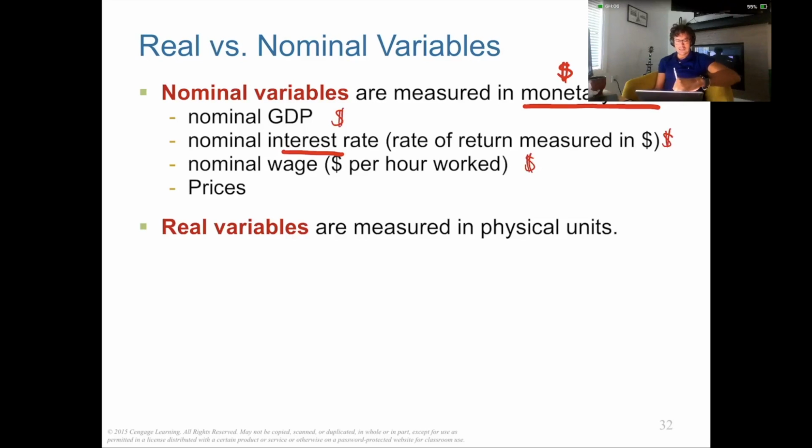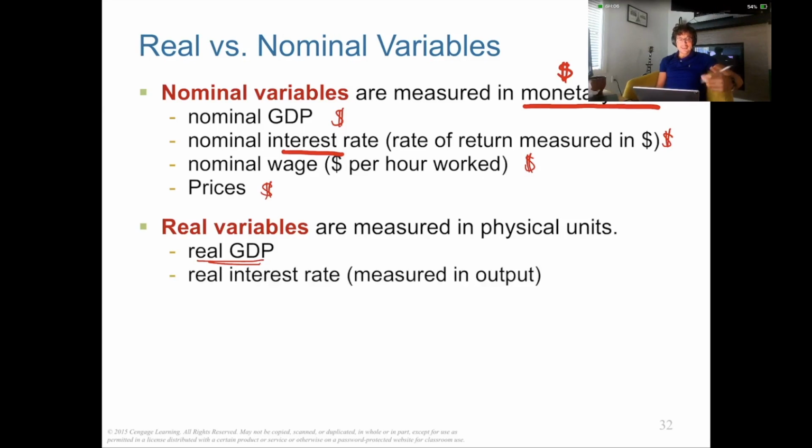Dollars, dollars, and dollars. Now, real variables, conversely, are measured in terms of physical units, like real GDP, which is the value of GDP corrected for inflation. Then the real interest rate, which tells you how the money that you put in your bank account is growing with respect to the level of prices in that particular economy.